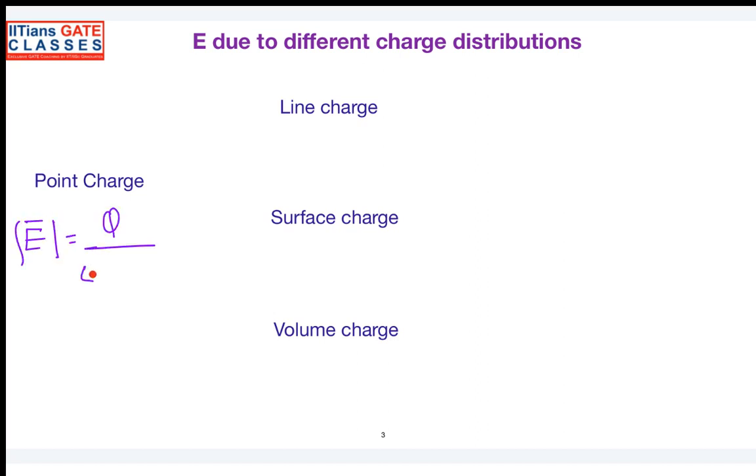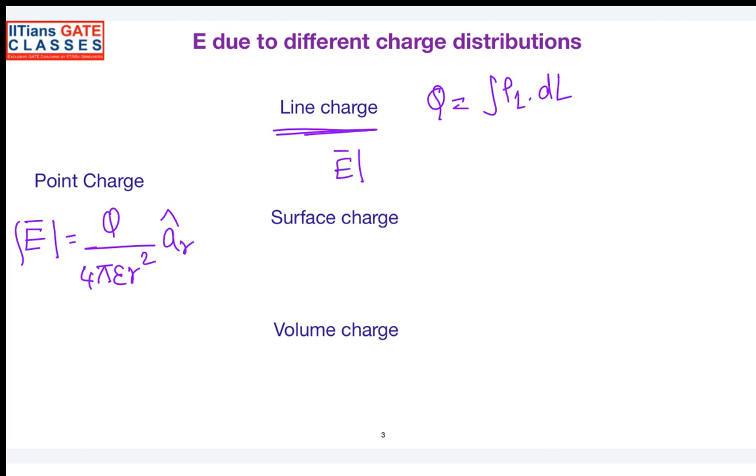If you want to calculate using a line charge, you know that Q is equal to the integral of rho L into dl. So what will be the electric field intensity now? Since Q is unknown here, Q should be replaced with the integral of rho L into dl. So that will be the integral of rho L dl by 4 pi epsilon r square into the radial direction.